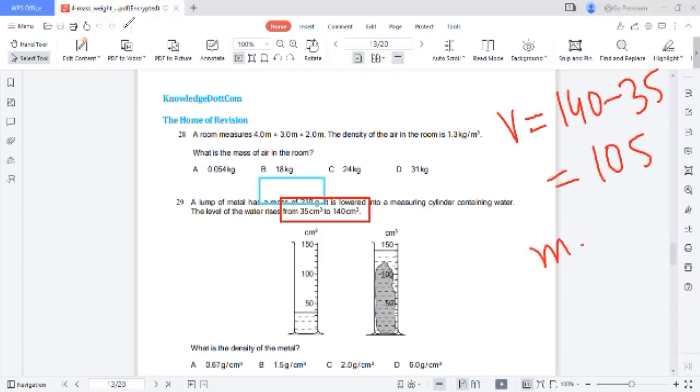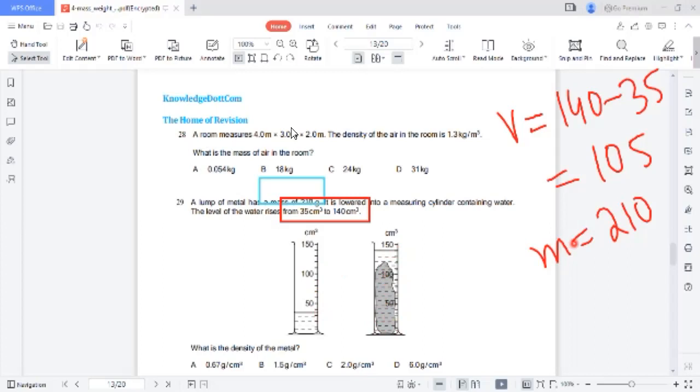And mass is 210. Now you can see in the figure, this is the volume before this metal lump is put into the water. When it is inserted, the volume rises from around 35 centimeter cube to 140 centimeter cube.